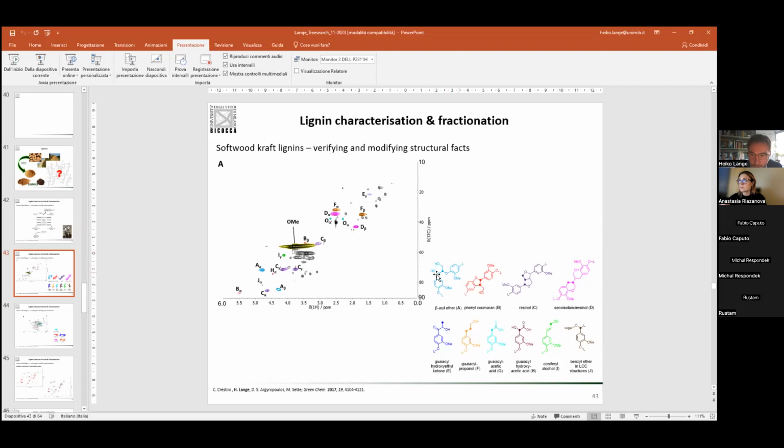Okay. So what we know is that we have this connectivity for this inter-unit linking. We have this type of connectivity, etc. What the HSQC does not tell us is whether, for example, this one is followed by this one and then followed by this one. That is something I cannot deduce from the HSQC.